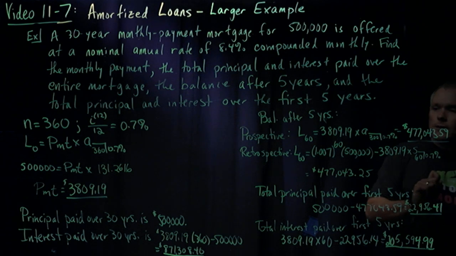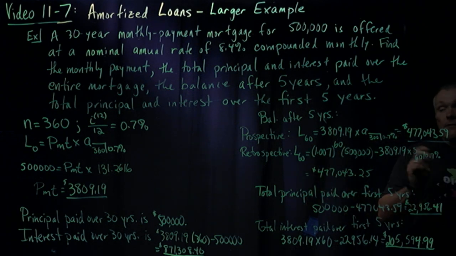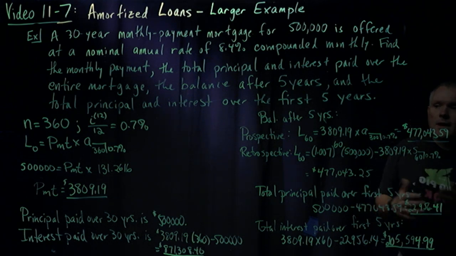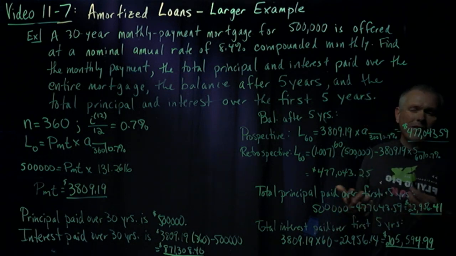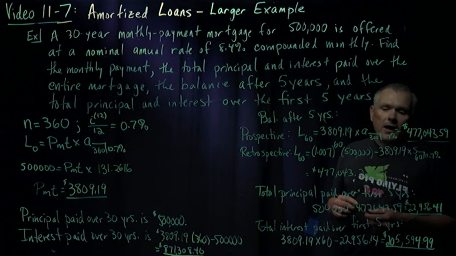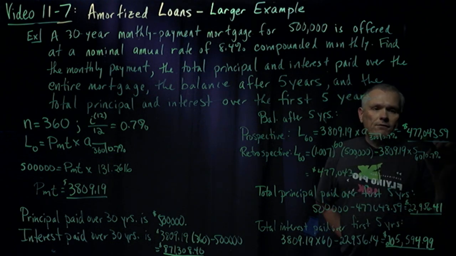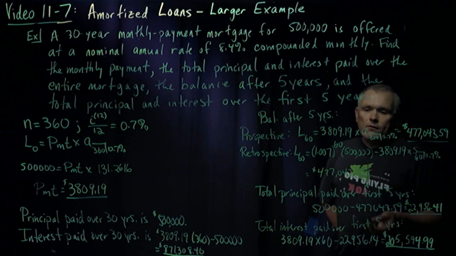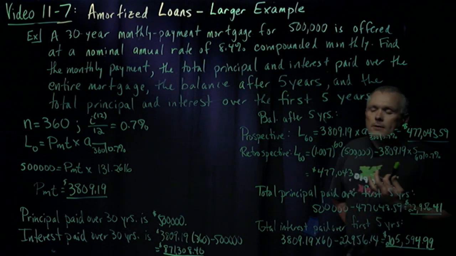Calculating all of this, we get a similar value, obviously, to the prospective method. The pennies are off a little bit, but that's because we've rounded our payment to start with to 2 decimal places, so we've got some rounding error that's been compounded a few times. Remember, though, on Exam FM, you're not going to have 2 consecutive answers that are that close together. That 477,043 matching is going to be enough for you to select the answer.